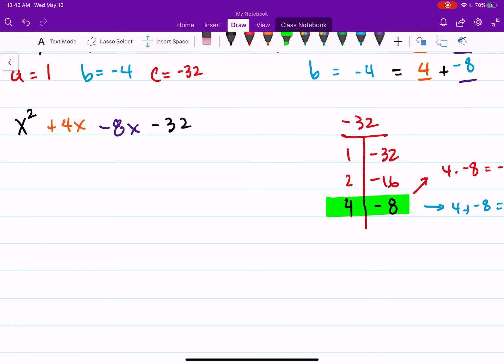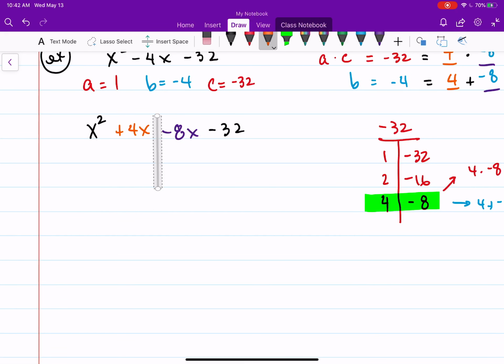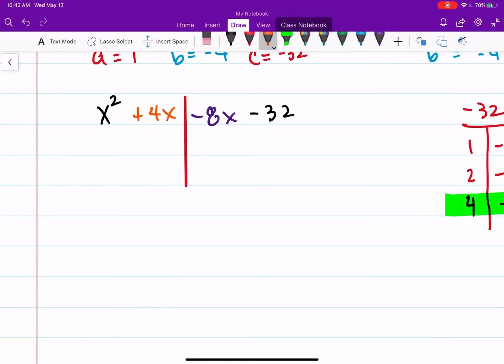So I gotta find a GCF in the first group. An x, awesome. What do I have left? An x plus 4, awesome. Third term is a negative, I gotta pull a negative. What goes into 8 and 32? 8 does, awesome.